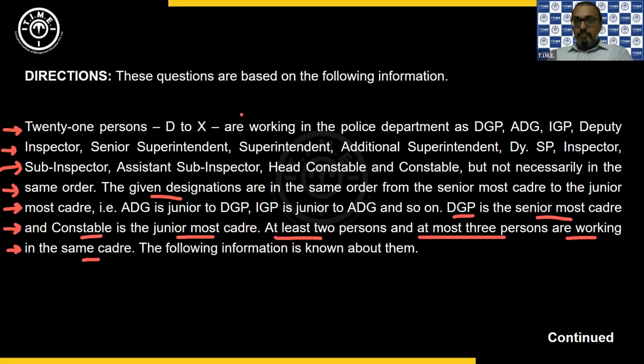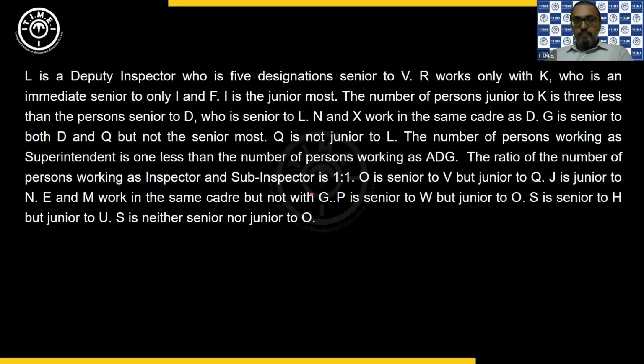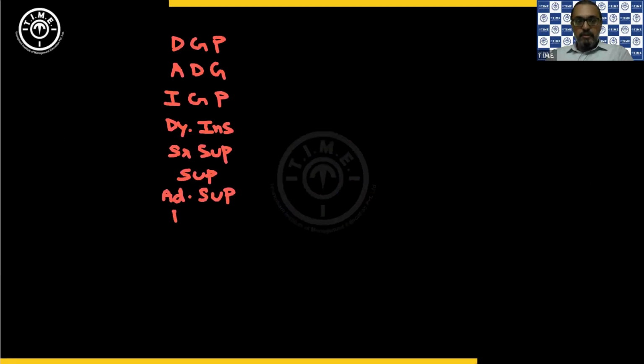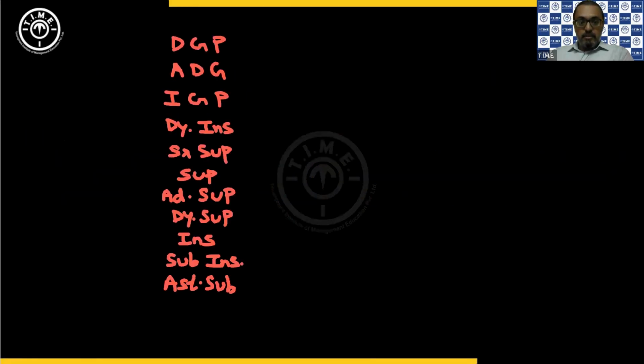Then we have Deputy Inspector, Senior Superintendent, Superintendent, Additional Superintendent, Deputy Superintendent, Inspector, Sub-Inspector, and then we have Assistant Sub-Inspector, Head Constable, and Constable.